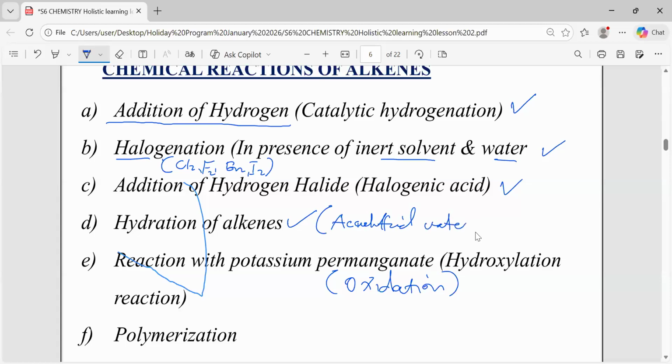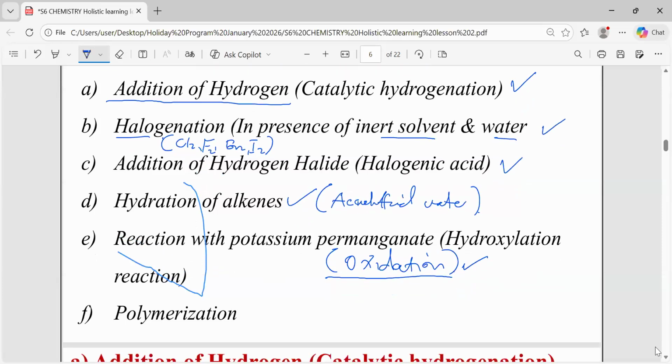Then E, we shall also look at reaction with potassium permanganate, also known as the hydroxylation reaction, which is one of the oxidation reactions. Then we shall also look at polymerization. So someone is also asking, what about ozonolysis?